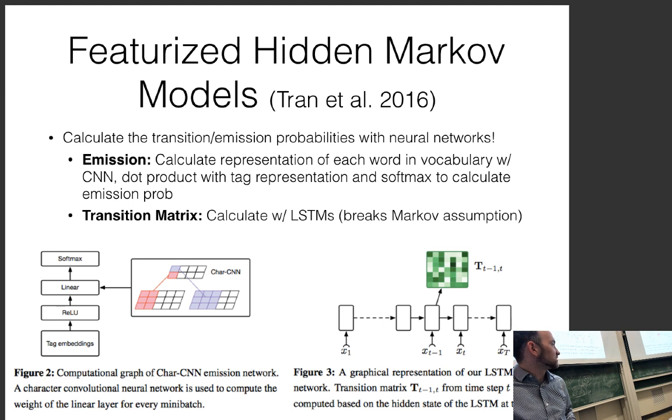Just to illustrate, they have the tag embeddings and the word embeddings, and they calculate according to this, and then they run an LSTM over the entire thing, calculate the transition matrix, and use this to calculate the probability of the sentence.